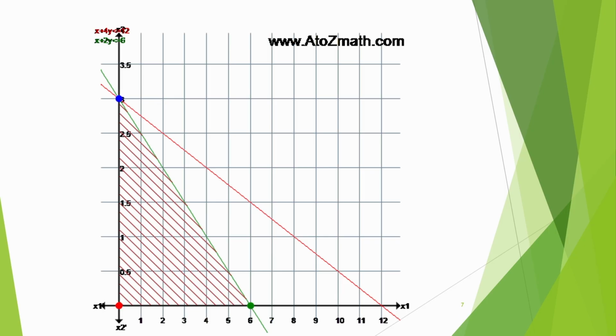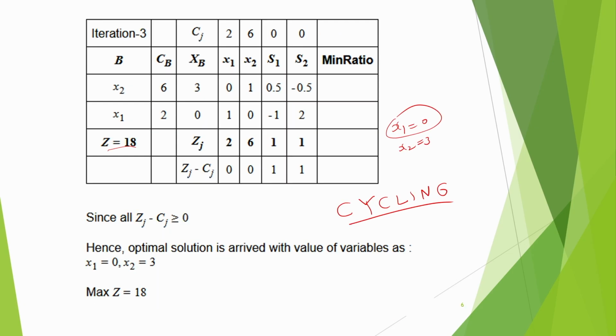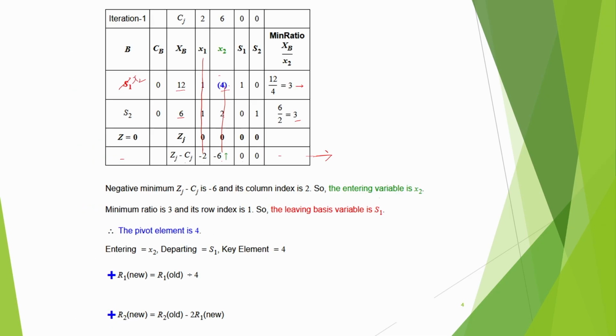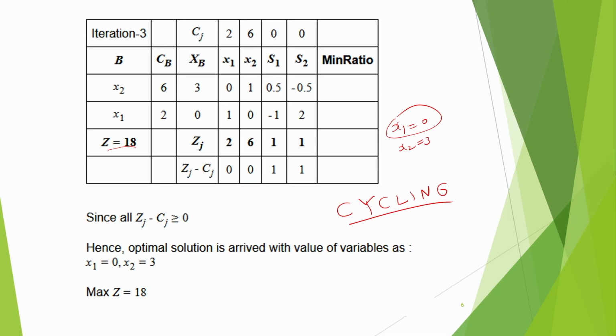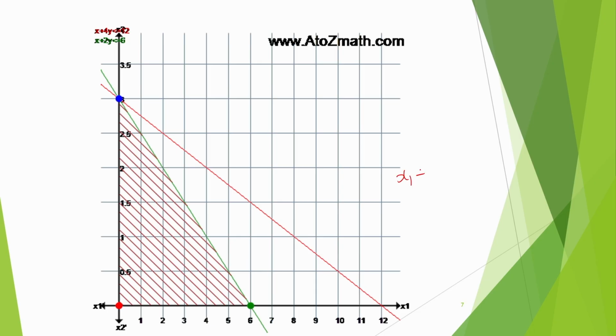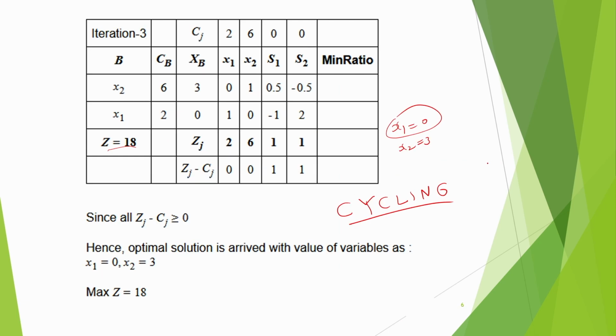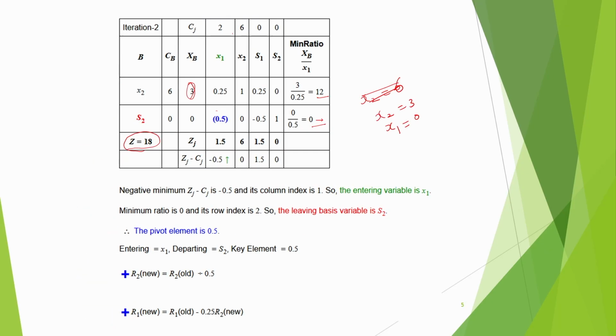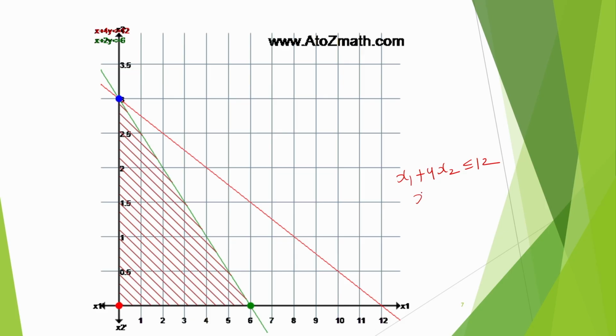Now let us see graphically what is happening here. Graphically, I have got 2 constraints. One constraint is x1 plus 4x2 is smaller or equal to 12. The other constraint is x1 plus 2x2 is smaller or equal to 6.